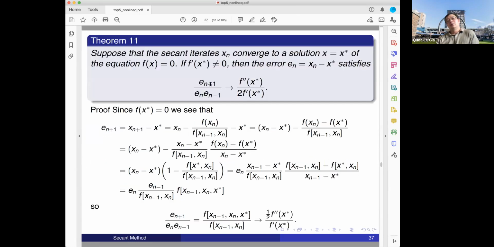The problem is that for the secant method, you don't have a clear-cut e_{n+1} over e_n to some power, but you have something like this, with e_{n-1}. But you can make a guess. Suppose you guess that the order of convergence of the secant method is a number, then what is the range of that number?